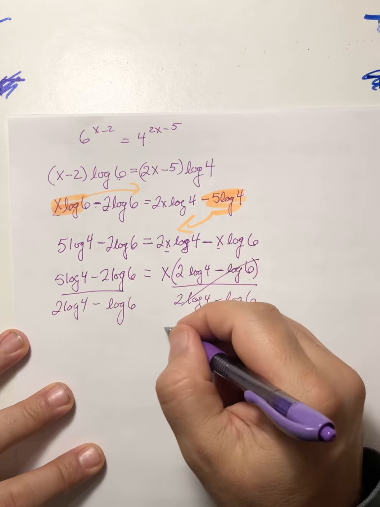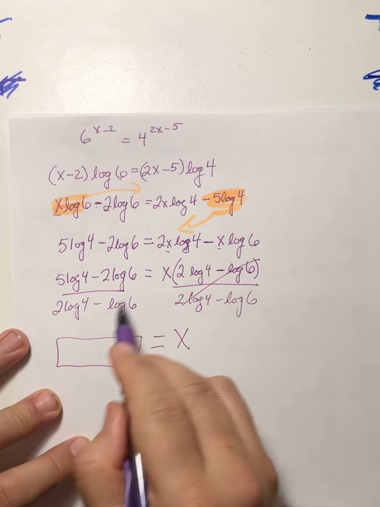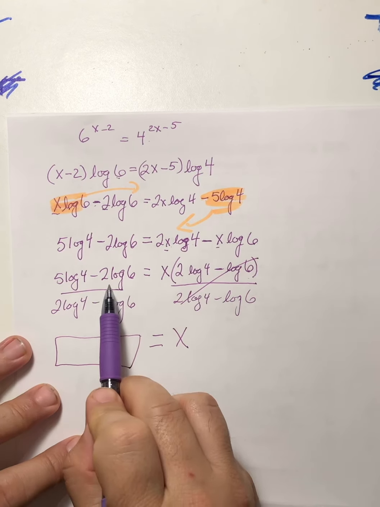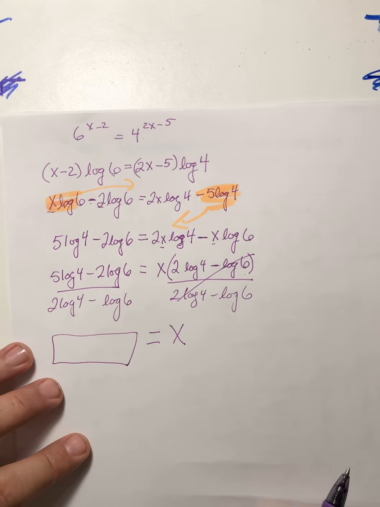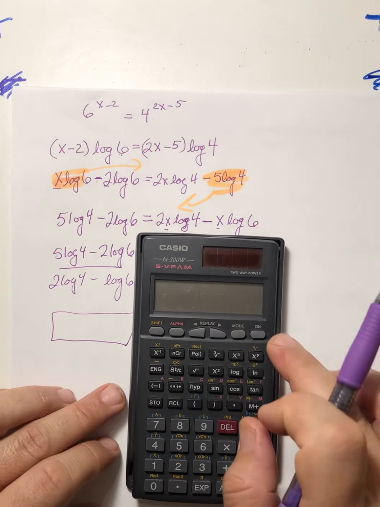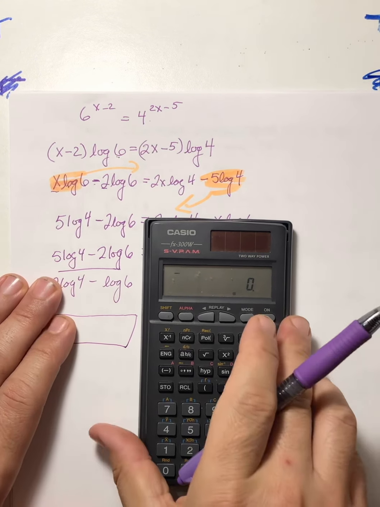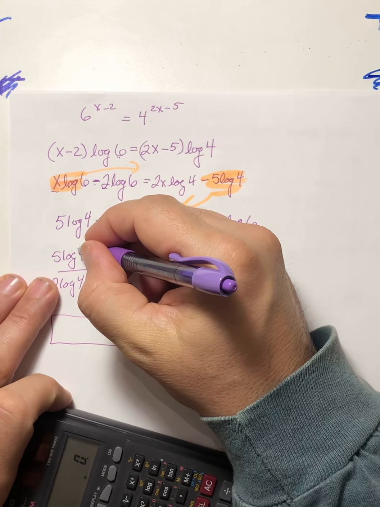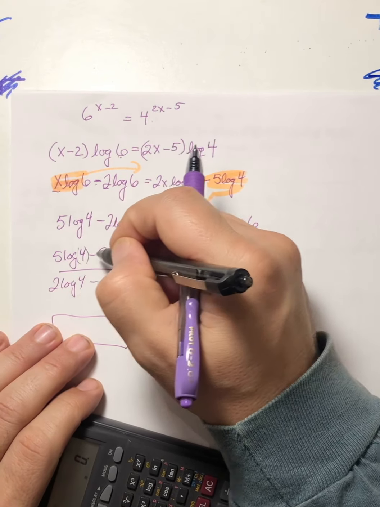This cancels. x equals whatever that decimal is. You have to be very, very careful typing that into your calculators. You need parentheses. And for those with the graphing calculators, be careful because remember, with the graphing calculator, they give you the open parentheses, so you got to remember to close.